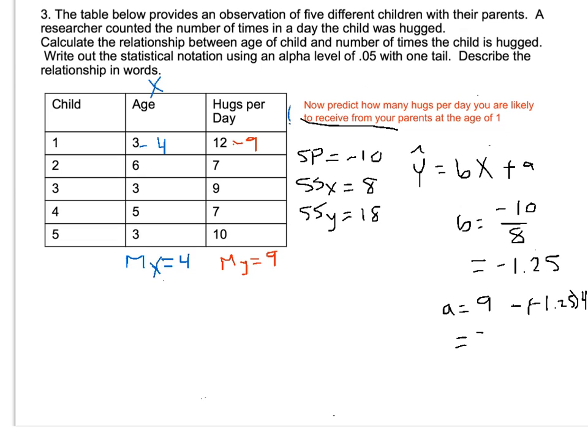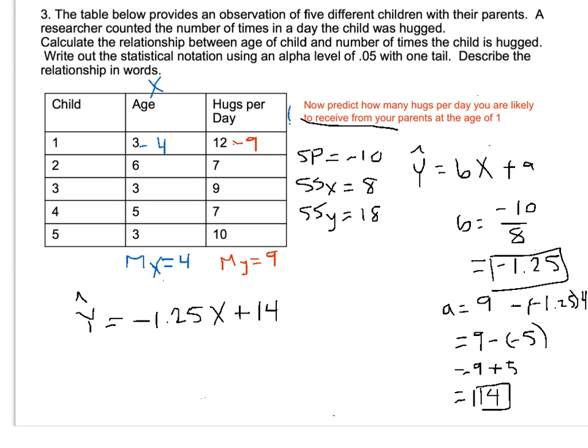I then have 9 minus negative 5, which technically is 9 plus 5. And that comes out to 14. So that is my a, that is my b. And so I've put my equation here, y hat equals b, which is negative 1.25, x plus 14.